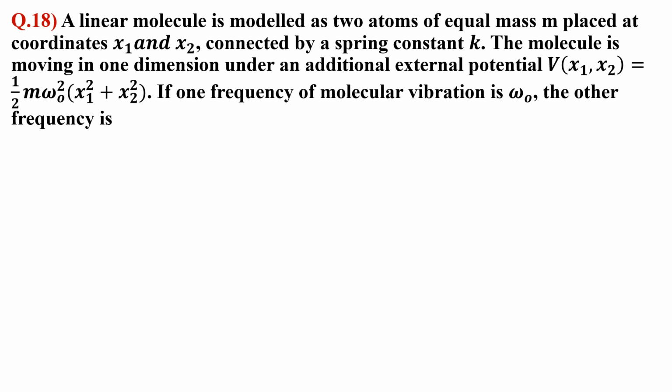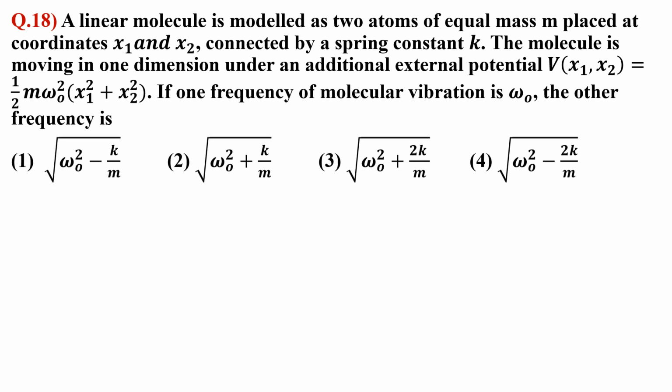If one frequency of molecular vibration is omega naught, the other frequency is: option 1, square root of omega naught square minus km; option 2, square root of omega naught square plus k by m; option 3, square root of omega naught square plus 4k by m; option 4, square root of omega naught square minus 2k by m.